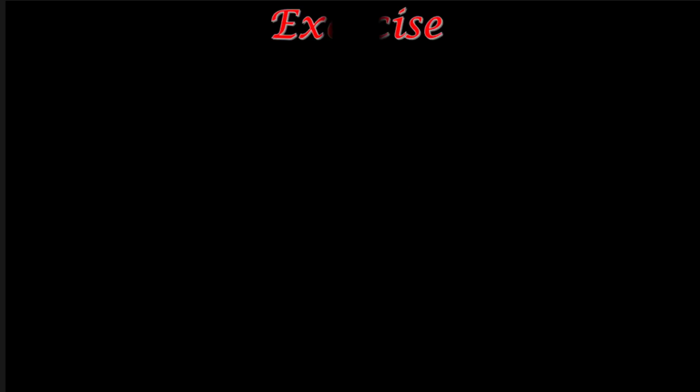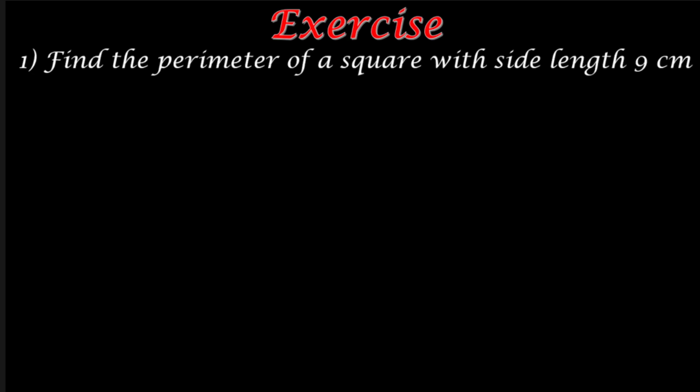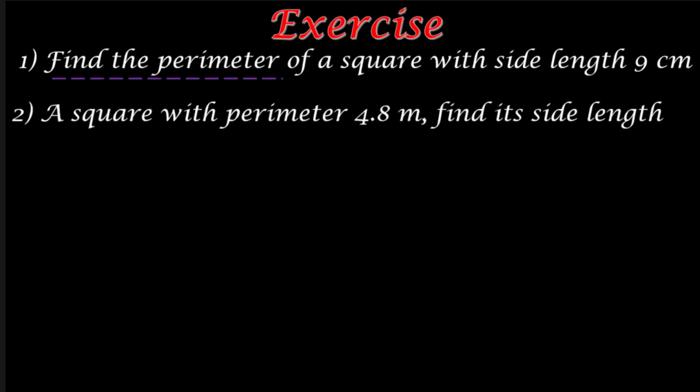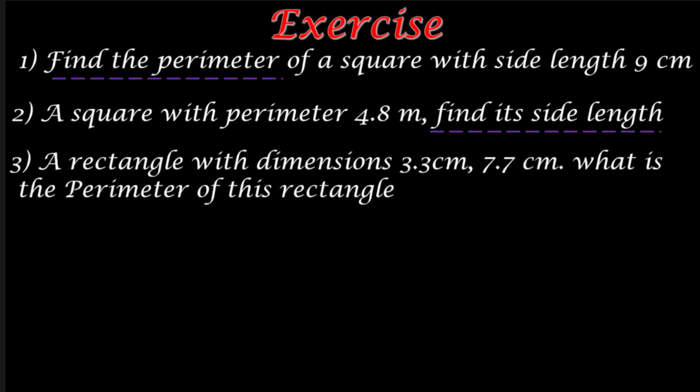You can do this exercise on your own. Number 1, find the perimeter of a square with side length 9 centimeter. Number 2, a square with perimeter 4.8 meter, find its length. Number 3, a rectangle with dimensions 3.3 centimeter and 7.7 centimeter. What is the perimeter of the rectangle?